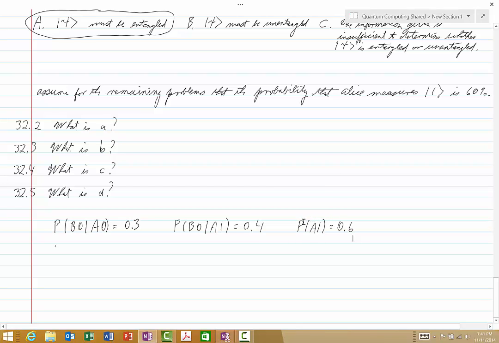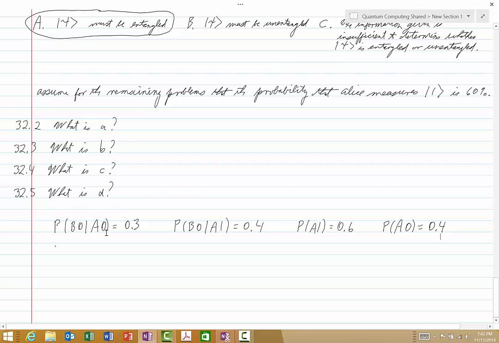And we're told that the probability that Alice measures 1 is 0.6. So that means that by default, the probability that Alice measures 0 is 0.4. And that is being deduced from the information that the probability that Alice measures 1 is 0.6.